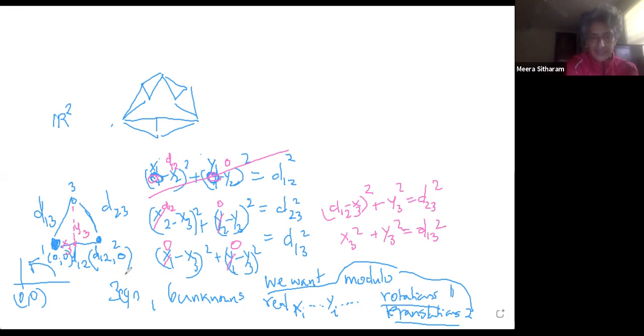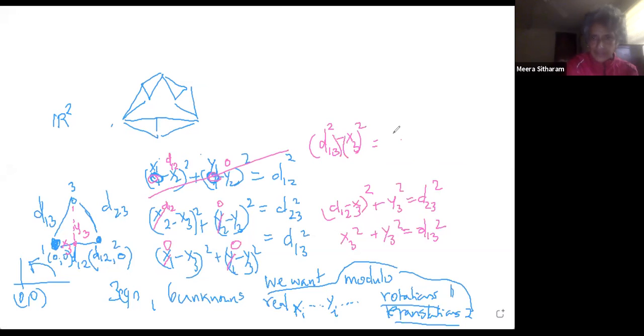So essentially what we're saying here is that you can eliminate y3 because you can write y3 squared in two different ways. So you have D13 squared minus x3 squared, sorry, I did this wrong. Yeah, D13 squared minus x3 squared, so that's y3 squared.